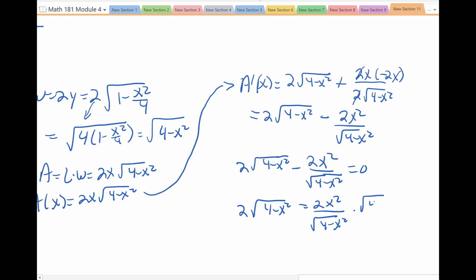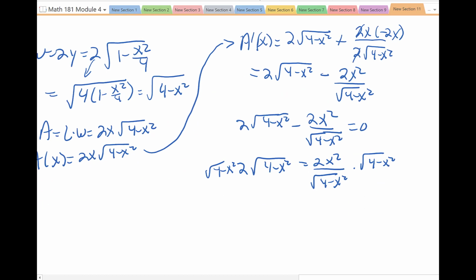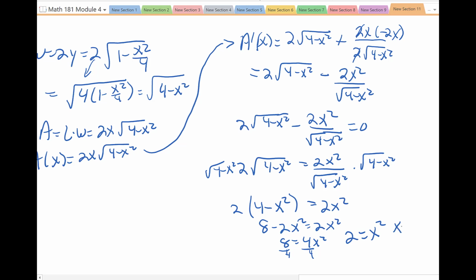We multiply both sides by the square root of 4 minus x squared, and we end up with 4 minus x squared, with a 2 out in front of this, equals 2x squared. So 8 minus 2x squared equals 2x squared. So 8 equals 4x squared. If I divide by 4, 2 equals x squared, and x equals the square root of 2.